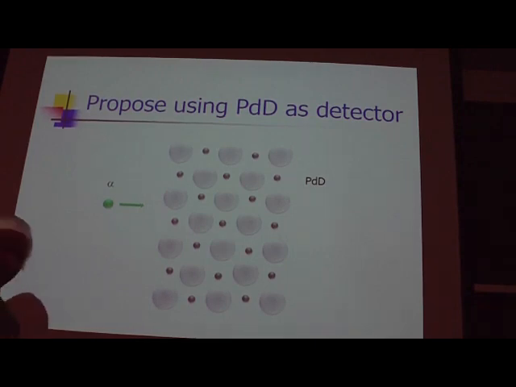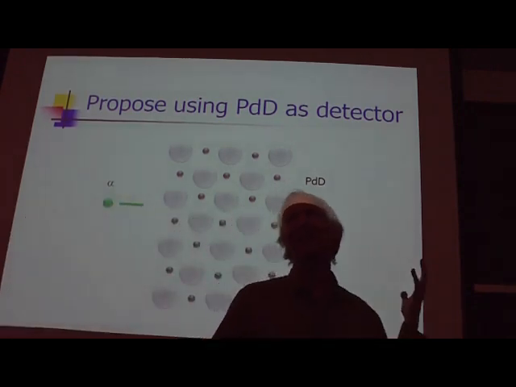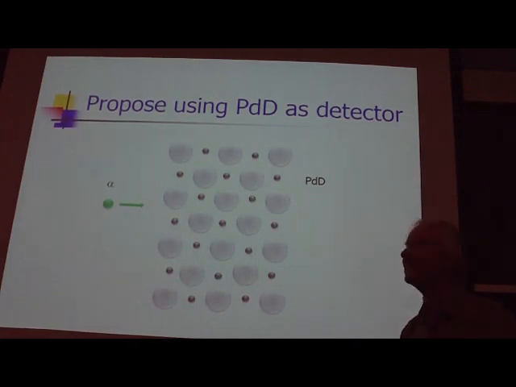I mean, it's not your average nuclear detector. I'll grant you that. It's not a silicon surface barrier detector or a scintillator or CR-39 or anything. But it is a detector. And as it turns out, after you think about it and analyze it, it turns out to be an exquisitely sensitive detector. In fact, you might argue it's the perfect detector.